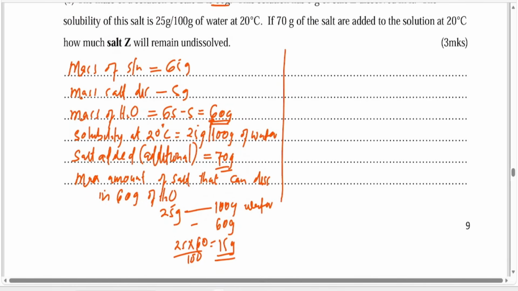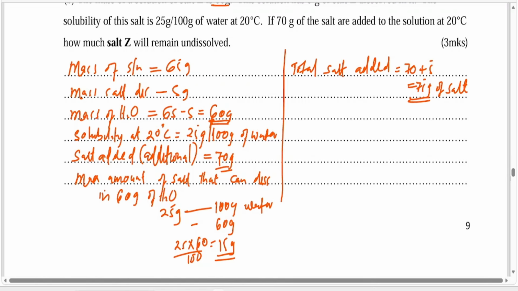But remember, we are given 70 and we had 5 that had already dissolved. So total salt added is the 70 plus the initial 5, which is 75 grams of salt.